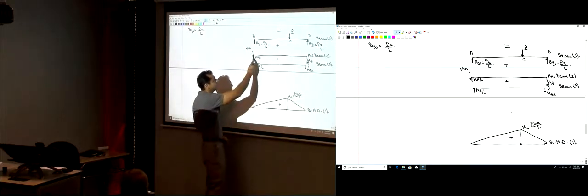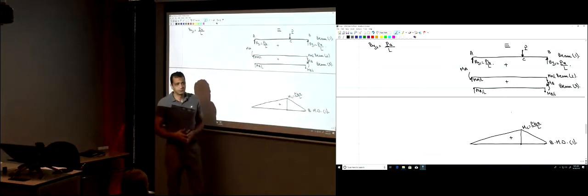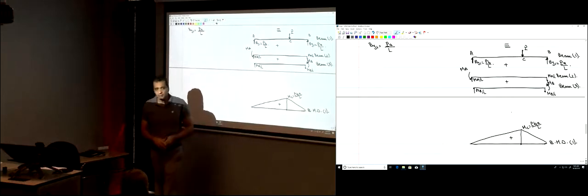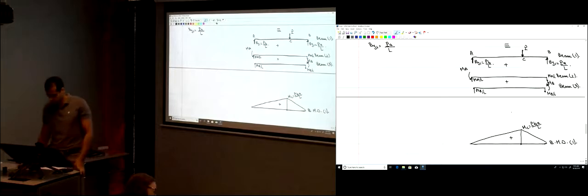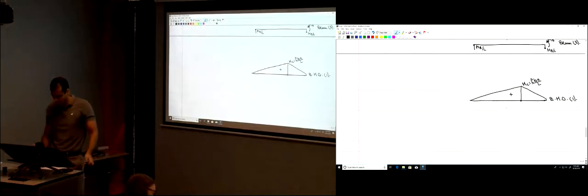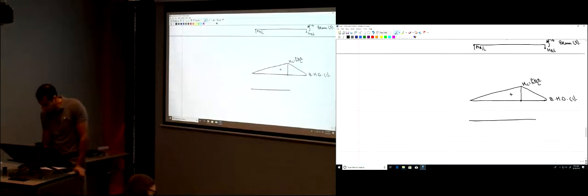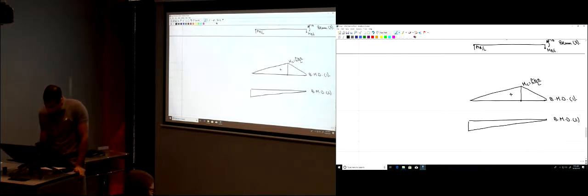How much is the moment here? MA. Negative MA. Okay? It's bending the beam down, so it's negative. So this is the bending moment diagram for beam 2. 0, and here you have MA.